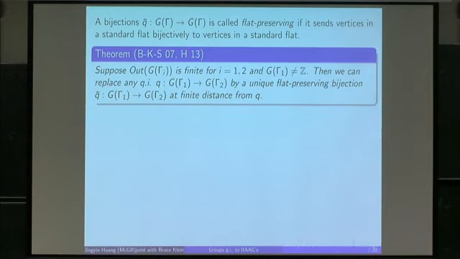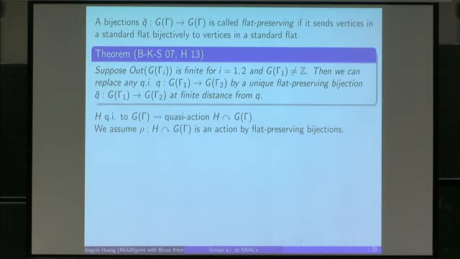Now we want to use this to understand the quasi-action. Suppose we have an action by quasi-symmetries of X, H acting on G of gamma. By this theorem we can replace each quasi-symmetry in the quasi-action by a flat preserving bijection, up to bounded perturbation. Notice that in the definition of quasi-action, the composition law holds up to bounded distance.